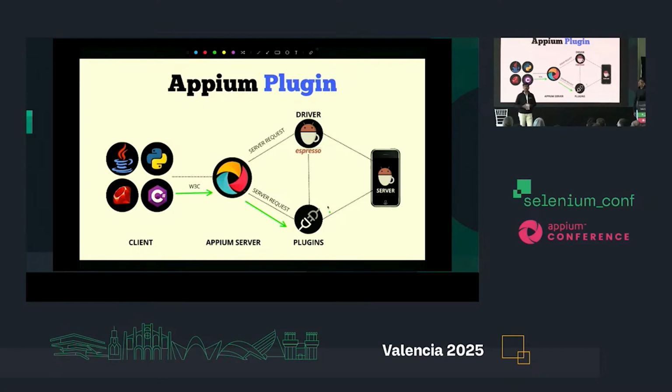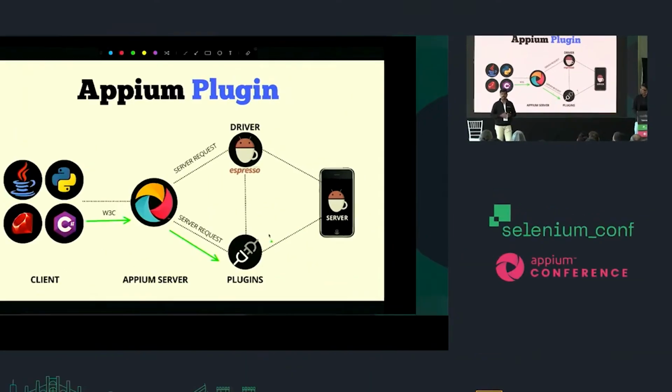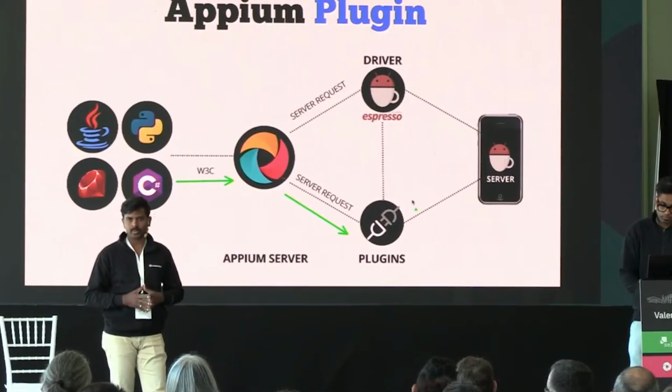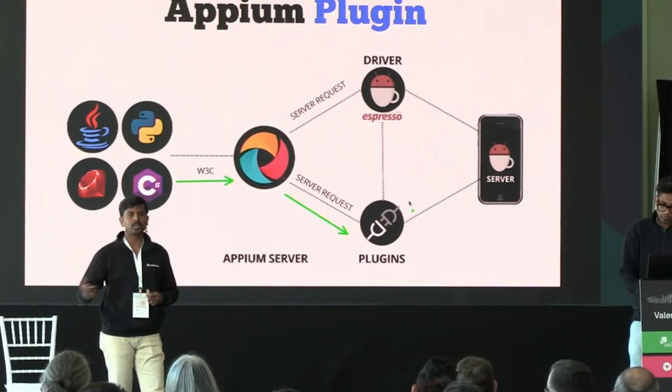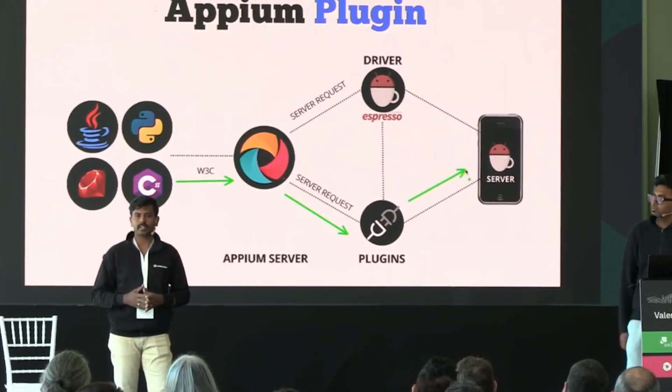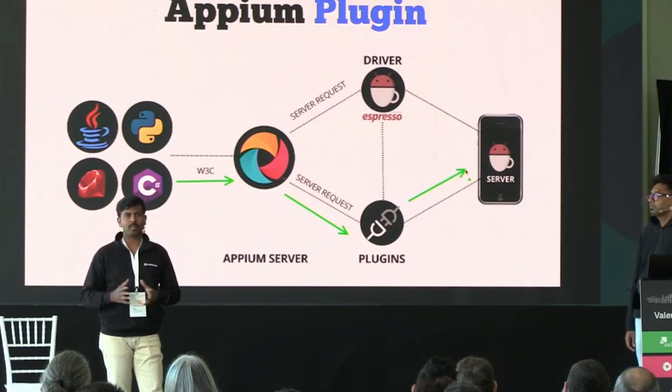It does all of those things that Sai was talking about, talking to DeepSeek, talking to QN, talking to Omniparser, and sends the appropriate instruction to the Espresso server, so the Espresso server can perform the Appium action inside the application under test in the mobile device.